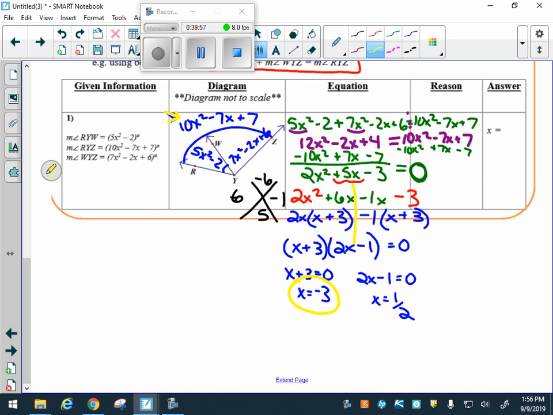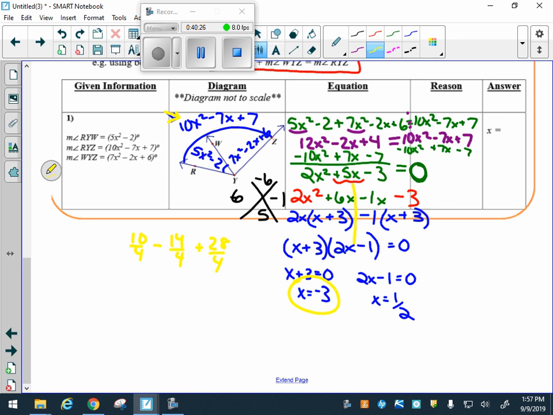So this one works. What about a half? Is that going to work? 1/2 squared is, this one's a little trickier. So 1/2 squared is 1/4. So we've got 10 over 4 minus 7 over 2, which is 14 over 4, plus 28 over 4. That's good. 10 minus 14 plus 28, is that positive?